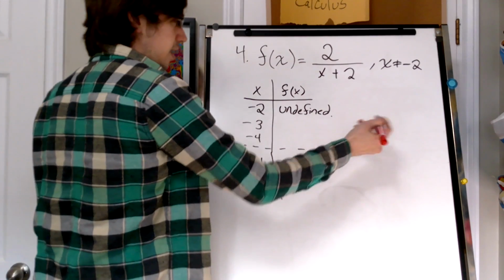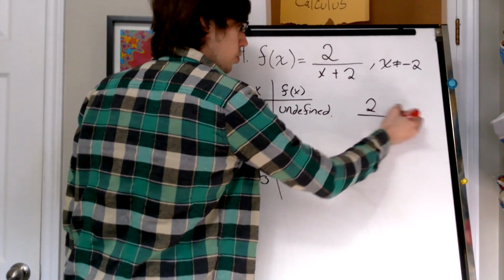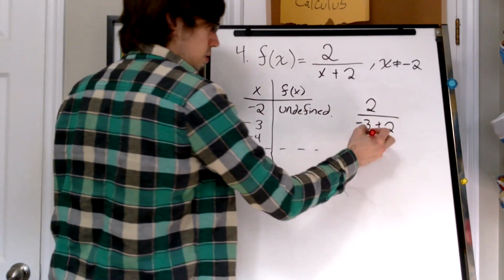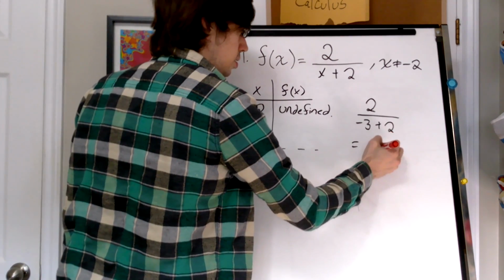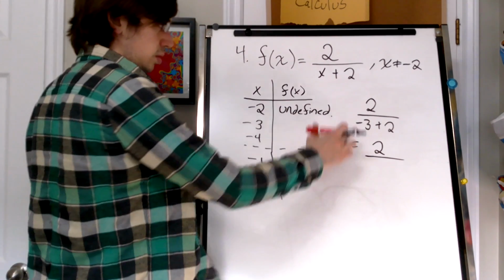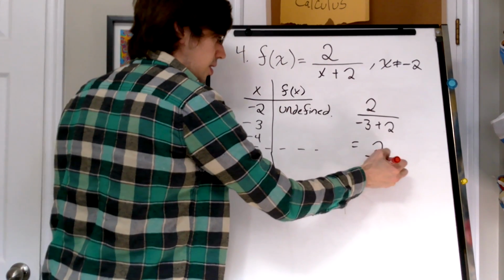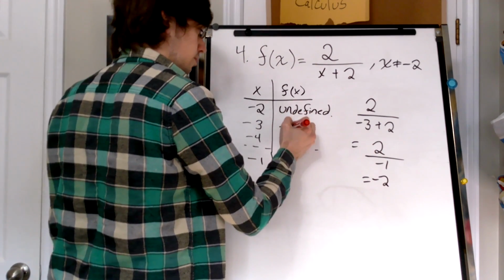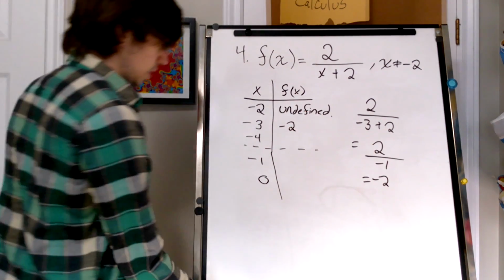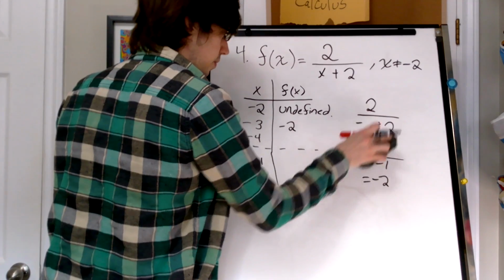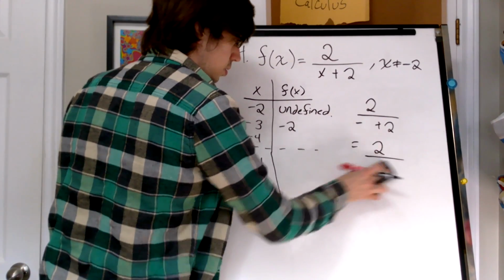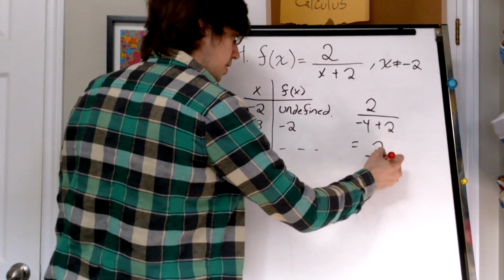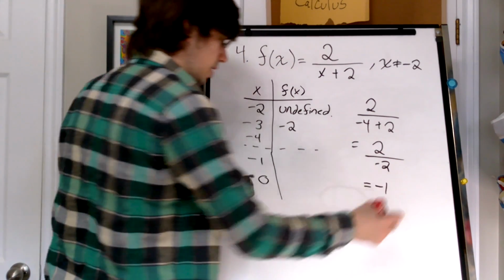So if we plug in a -3, 2 over -3 plus 2, we'd get 2 over -1, which is -2. Okay. If that's a -4, then that is a -2, and that's a -1.